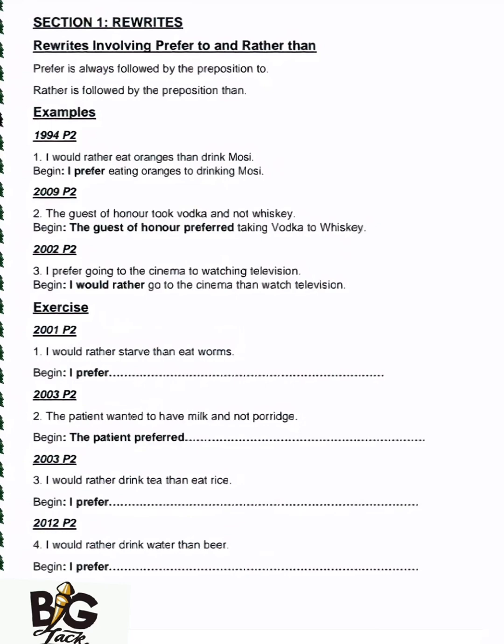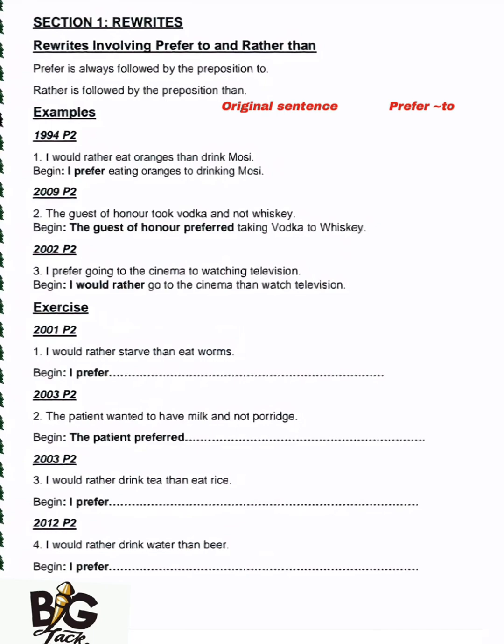Now, before I go straight to the questions, let me try to explain a little bit on this part. I'm going to start with prefer. We know that prefer is always followed by the preposition, which is what? To. So the rule here is like this. When you have verbs or action words in the original sentence, and you have been told to rewrite a sentence using prefer, what you need to know is that to the verbs you need to add ing.